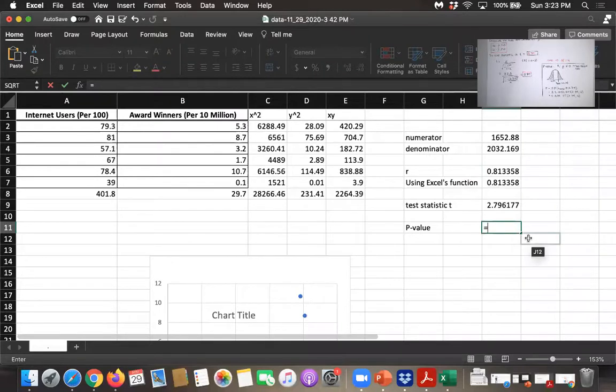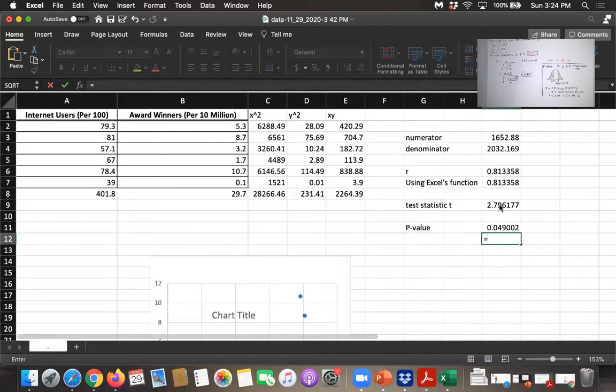So my functions are, I want p equals 2 times t.dist.RT for right tail. And then we want this test statistic t, and we want 4 degrees of freedom. So we have 0.049 as the p-value there.